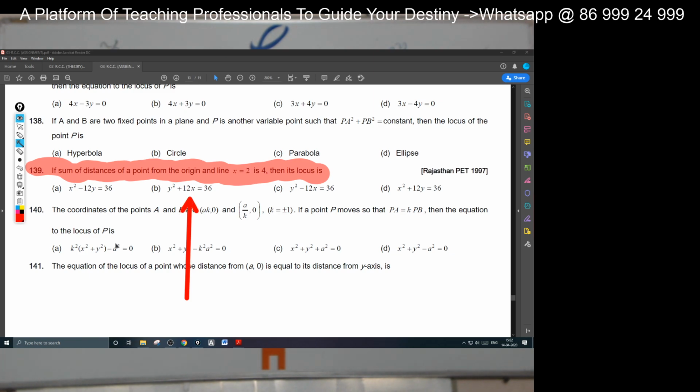Y-axis, x-axis. What is the question given?